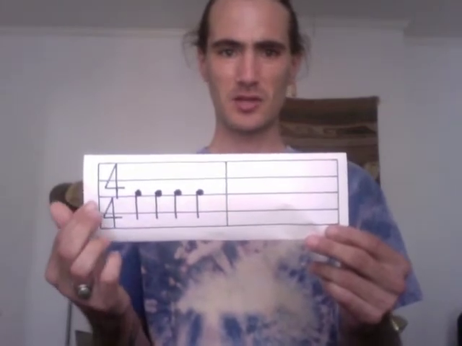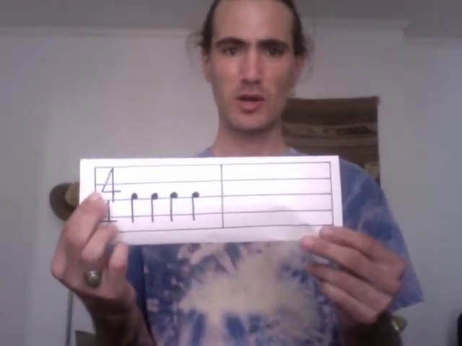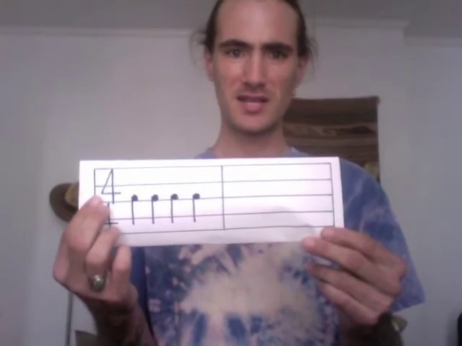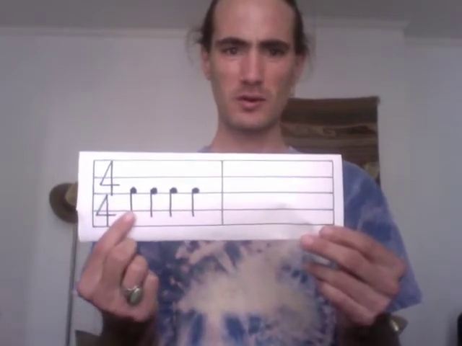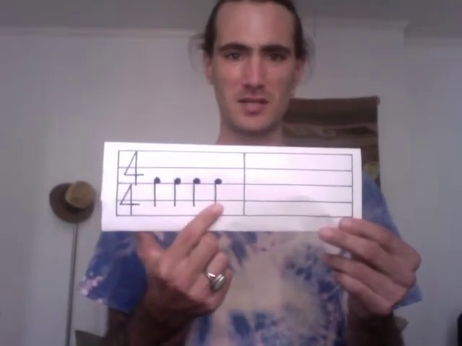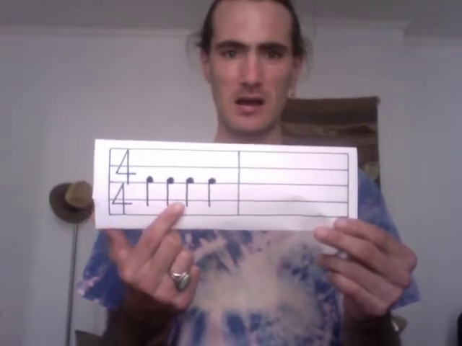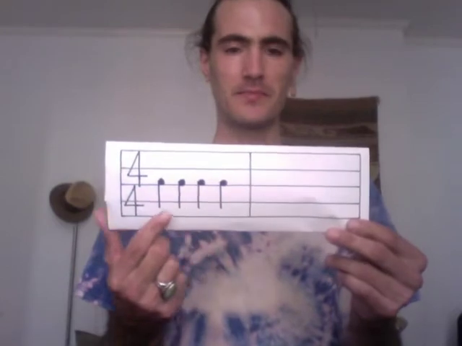So for this measure, we know there are 4 distinct units of time, 4 beats in this measure. And we know by the number 4 that a quarter note, as represented by the number 4, gets the beat. So I have filled out this measure for us. It goes da, da, da, da.